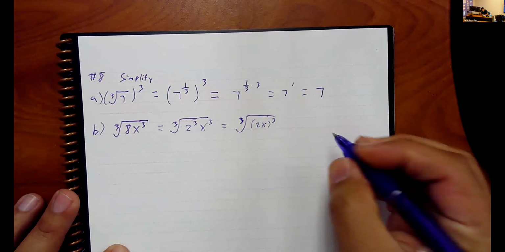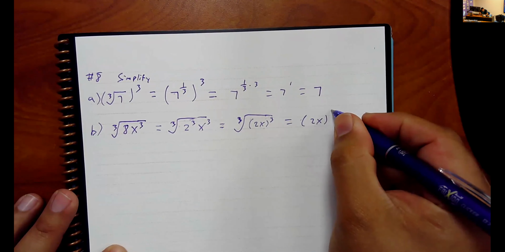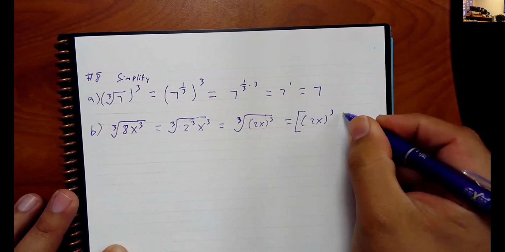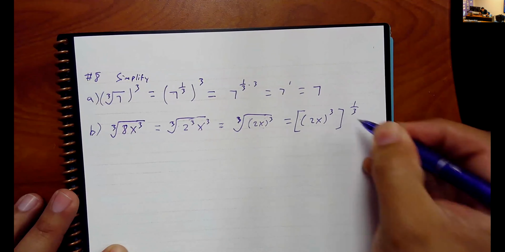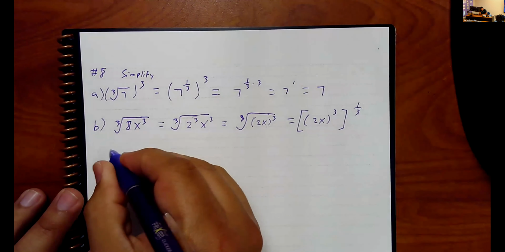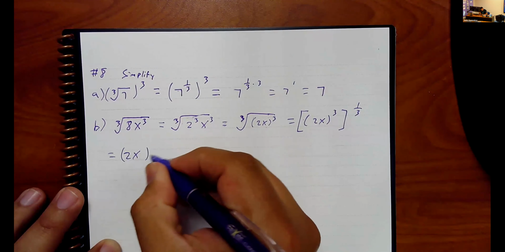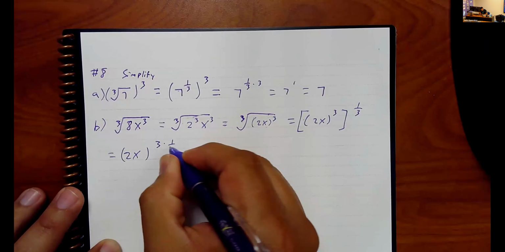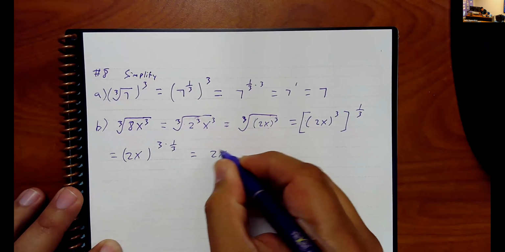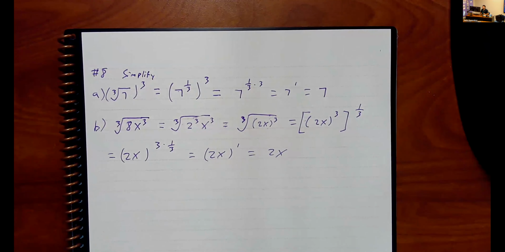So now, this becomes 2x to the 1 to the third, and then 1/3. So the same cancellation is going to happen, right? So this will be 2x to the 3 times 1/3, which is 2x to the 1. So the answer is just 2x.